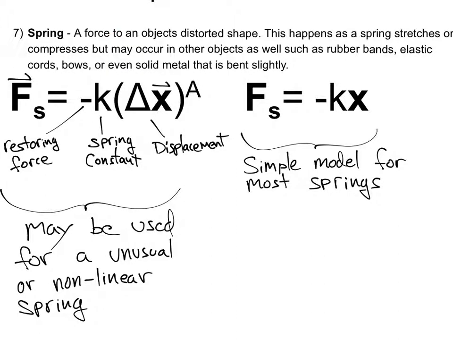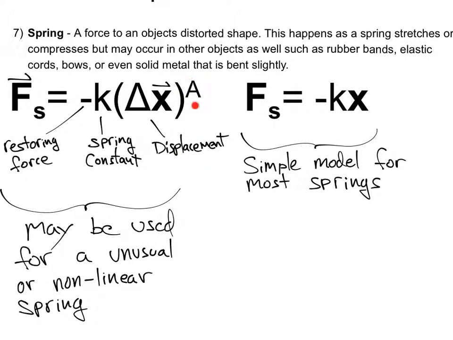This happens when you bend an object, but it could also be due to stretching or compressing it. In general, the force is negative K times our displacement raised up to some power. The negative there symbolizes it's a restoring force. We have a constant. This is our displacement.